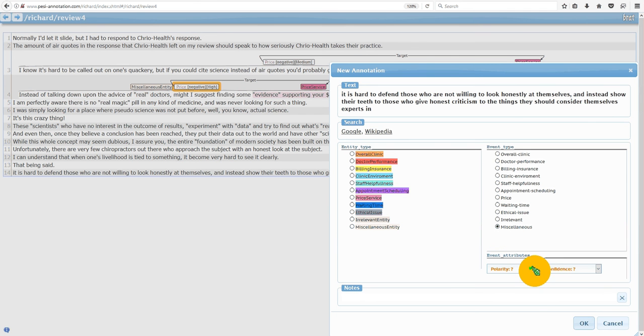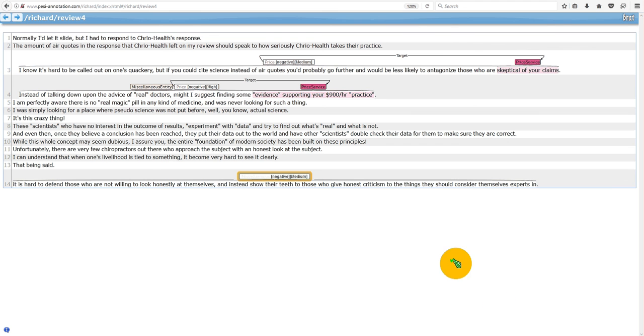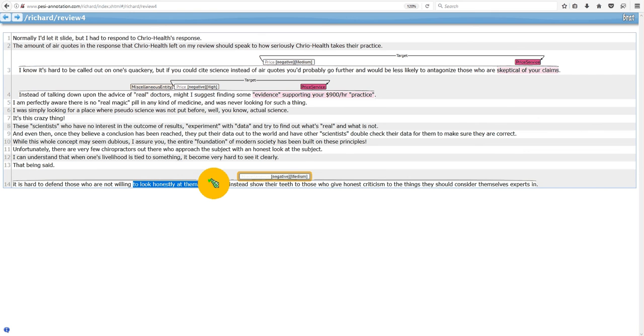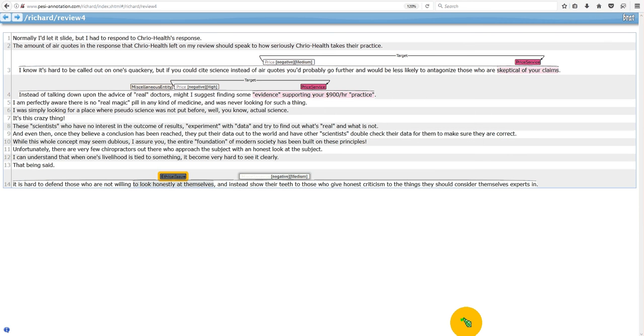I think it's negative. Confidence is, you know, medium. I don't know how to really annotate this because it's really beyond. But the key phrase is to look honestly at themselves, and I think that could be an ethical issue in my reading of this patient's comment.